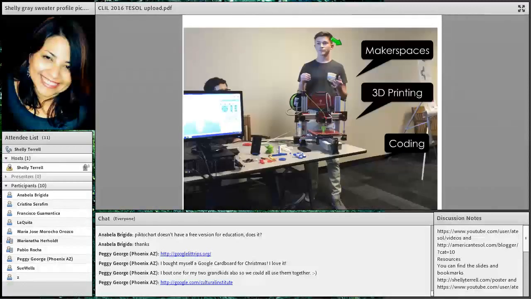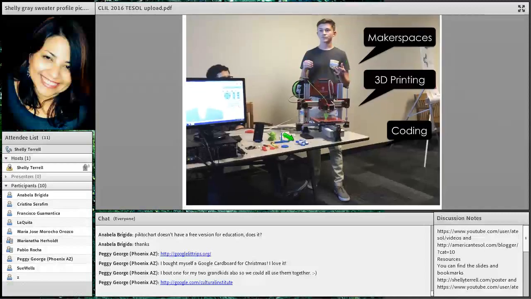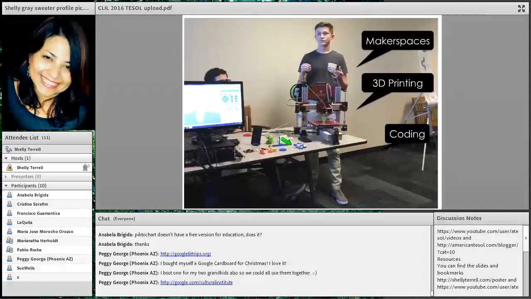And these are other concepts that teachers are exploring that could be really good for language learners as well: coding, 3D printing, and maker spaces. A lot of times, organizations are actually giving schools free maker spaces. One of the reasons they're doing that is because they figure you're going to have to get more supplies. So they'll set it up for you for free, and they'll even start you with some initial stuff.